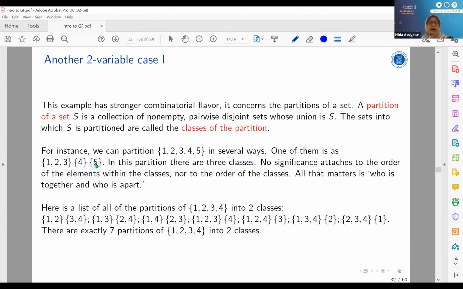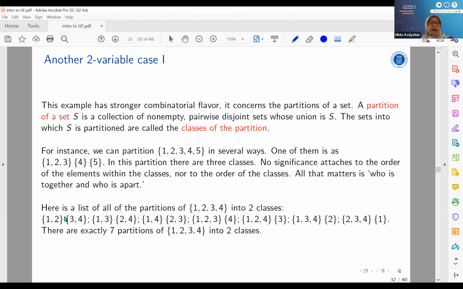When we talk about partitions, we do not care about the order of the elements within a class, nor the order of the classes. The important thing is that we want to know who is together and who is apart. This is our interest when we talk about the partition of a set.